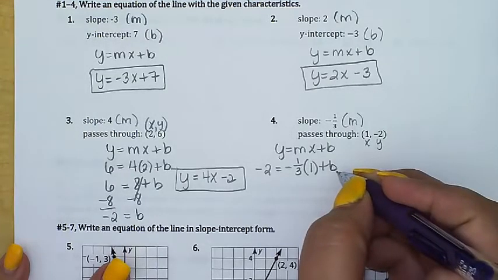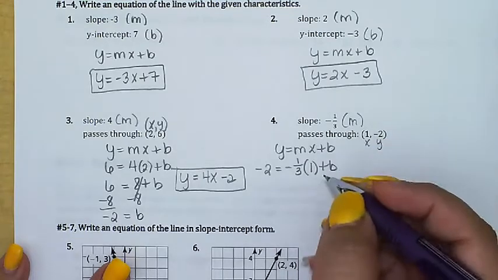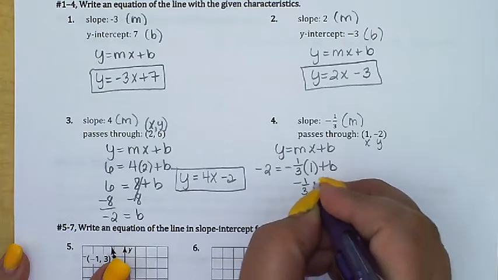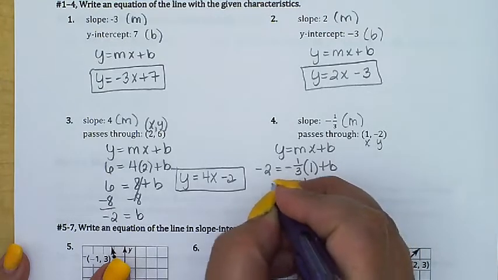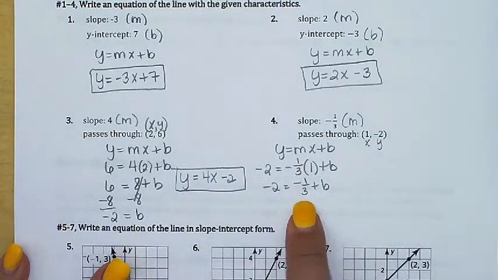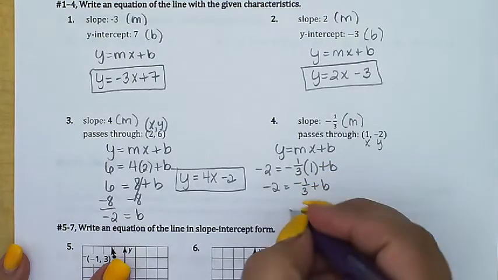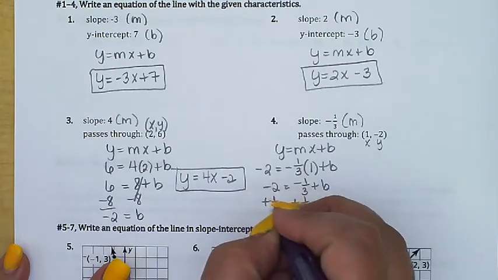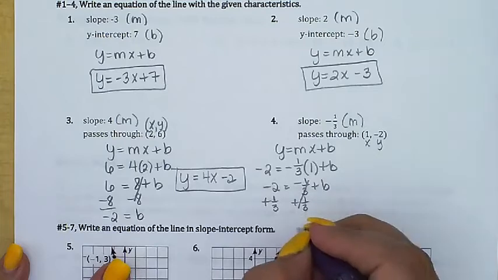That lets us have only b left that we can solve for. And negative 1/3 times 1 is still just negative 1/3. Okay. And then to get rid of this and isolate b, I'll do the opposite of that, which is a positive 1/3. There it is. That cancels.